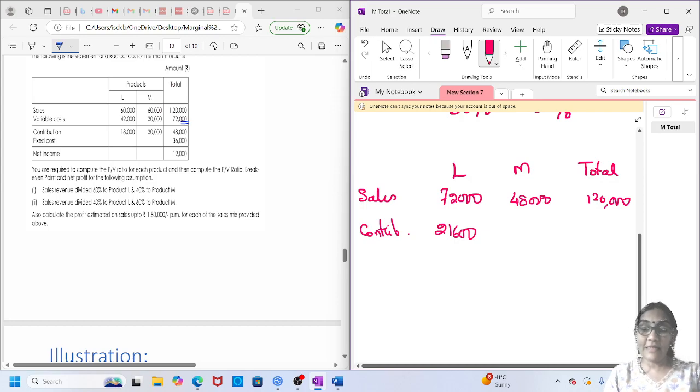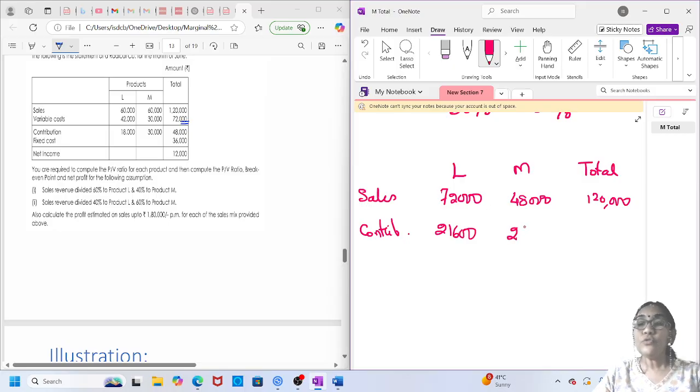For M, 48,000 into 50% will be 24,000. So the total contribution in this case would be 24,000 plus 21,600, that is 45,600, right? So your PV ratio here will be the same, that is 21,600 divided by 72,000, that is 30%, and so on.